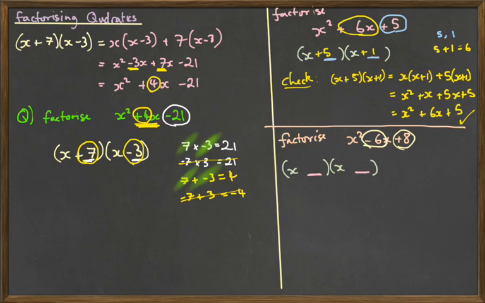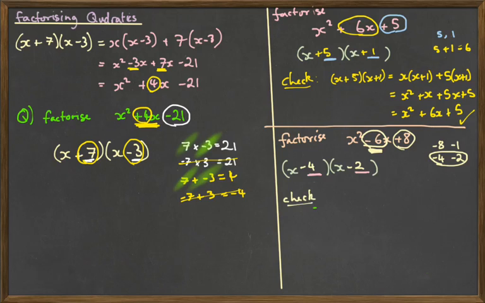Now, what two negative numbers multiply to make 8? Well, the two numbers that multiply to make 8 are minus 8 and minus 1, or minus 4 and minus 2. Okay? It's got to be minus 4 and minus 2 because those two add together to make minus 6. So it's going to be x minus 4, x minus 2.